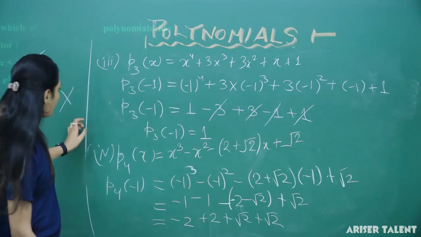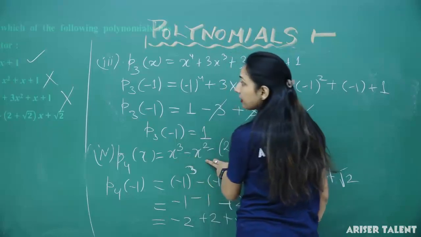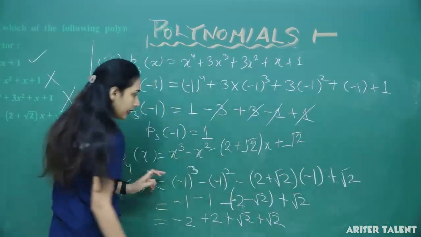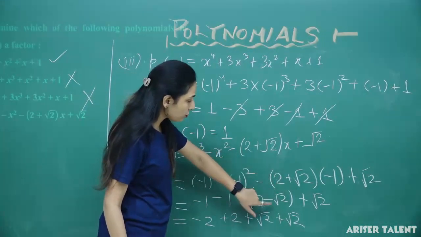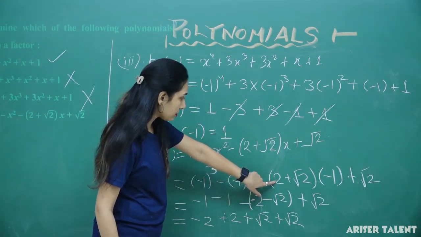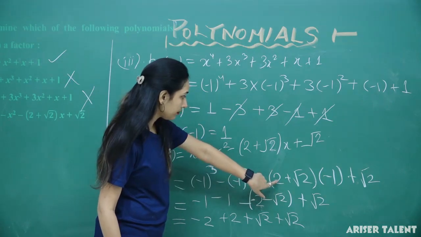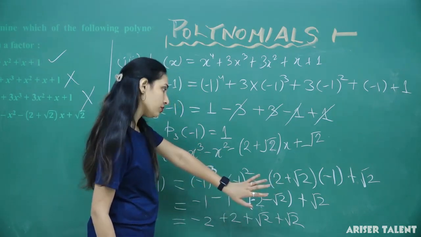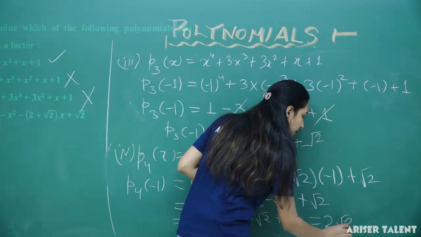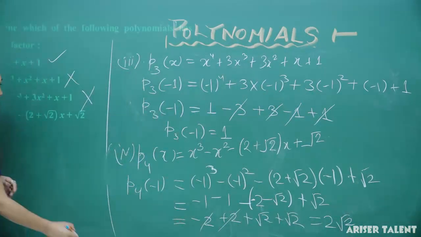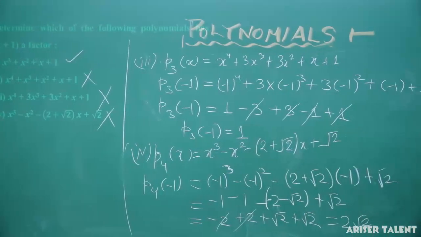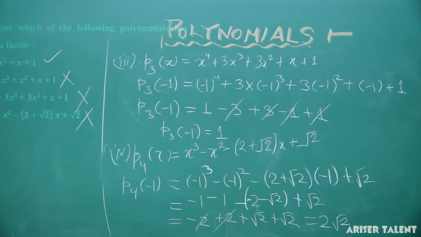And here I will get minus of 2 and minus of root 2, so minus and plus there also, right. So that will cancel and that will become 2 root 2. So 2 root 2 is not 0, that means this is again not a factor, not of x plus 1 but of the fourth given option.